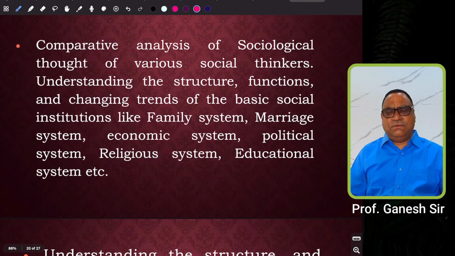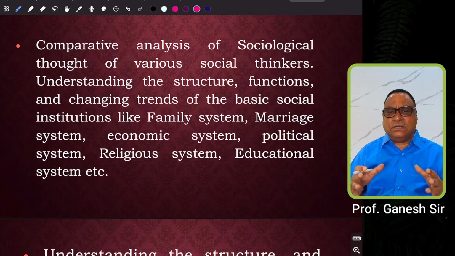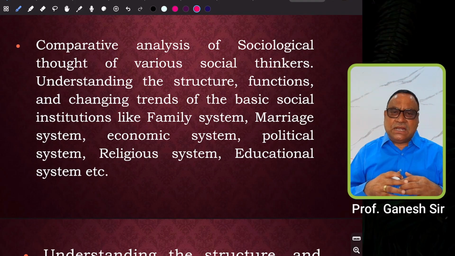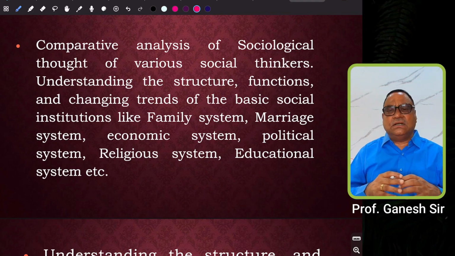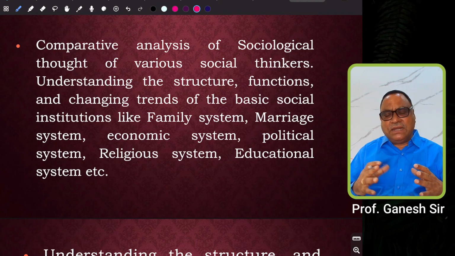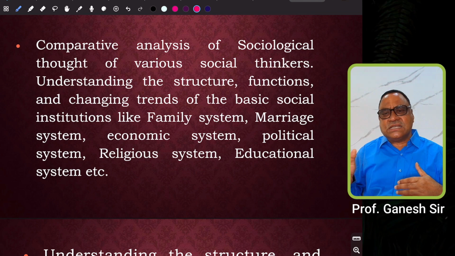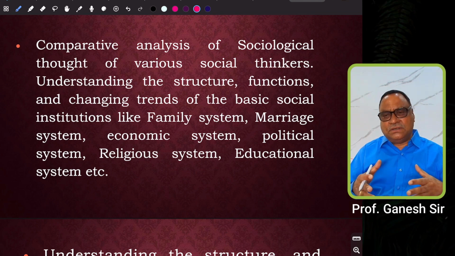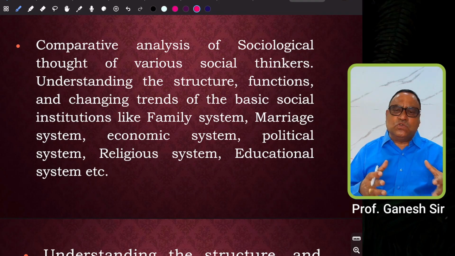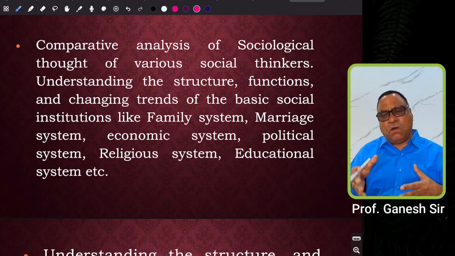Then from the examination point of view, comparative analysis of sociological thought of various social thinkers is also very important. If you look at the previous year question papers, many times comparative questions were asked, like comparing the views of Karl Marx and Max Weber on class and capitalism, or comparing the views of Marx and Weber on religion, comparing the views of Karl Marx and Emile Durkheim on religion.